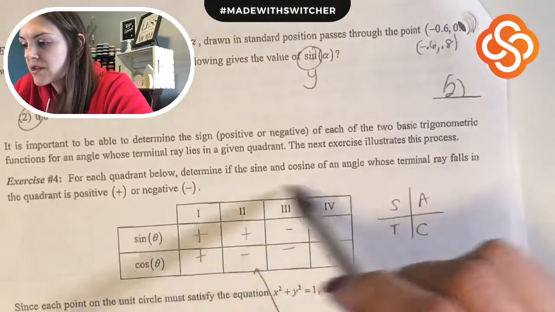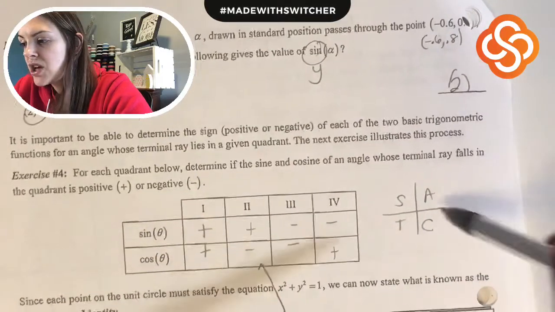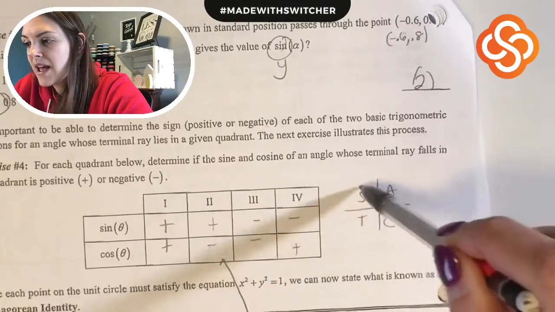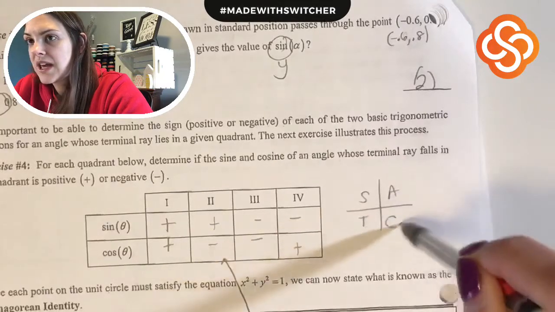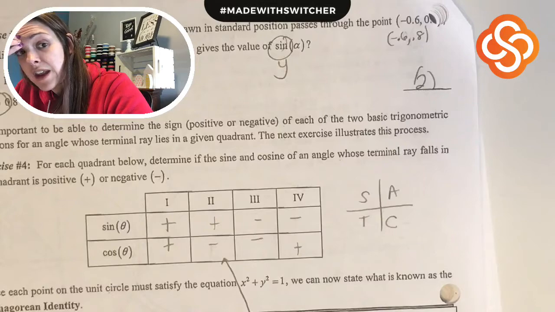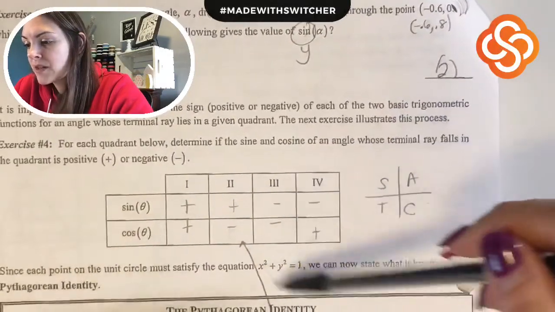This is also something that's really important that's going to get us into the next part of the page. Here we have a little diagram ASTC, and we remember that by all students take calculus, okay? There's a couple other little anagrams, but all students take calculus. So what does that mean?